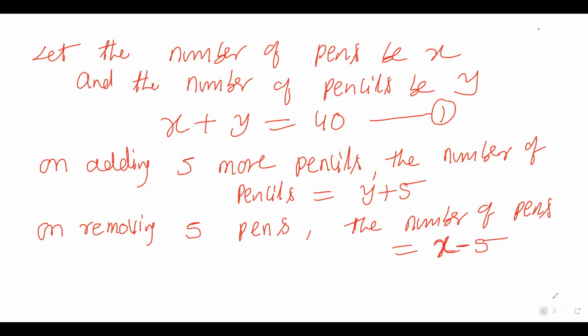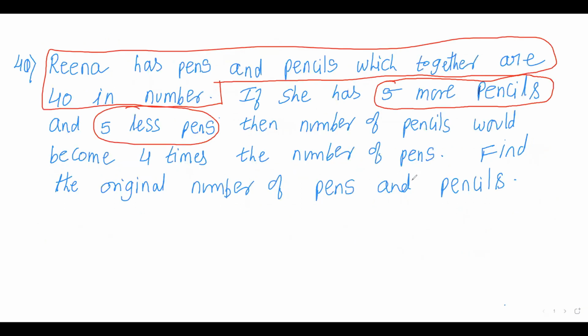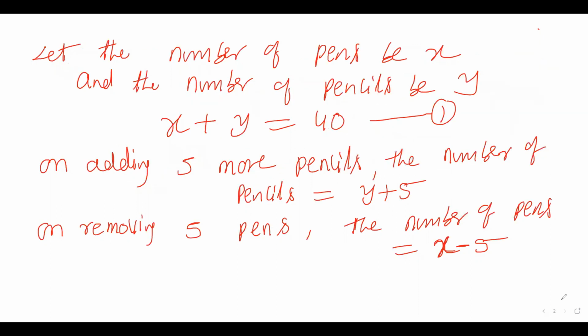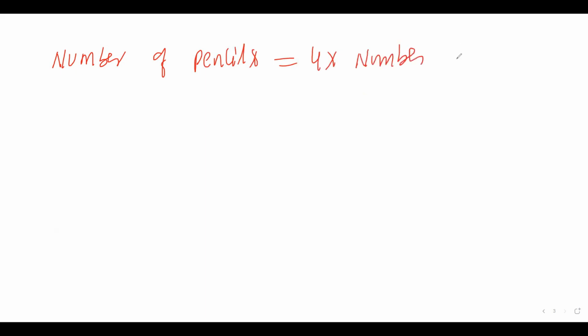Now what is the condition? See the condition. Number of pencils equal to 4 times number of pens. So the condition is number of pencils is 4 times number of pens.